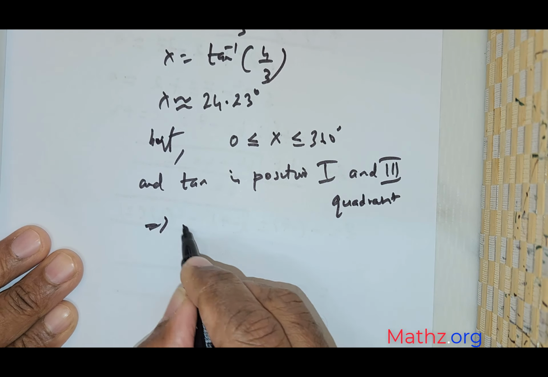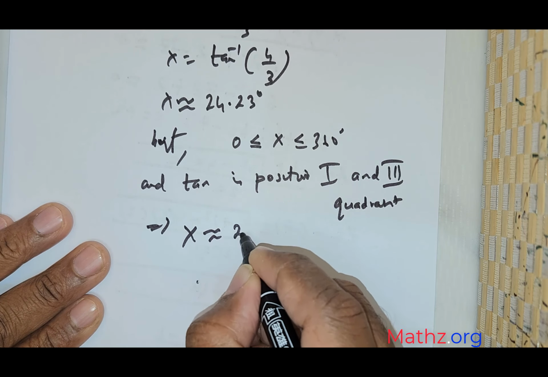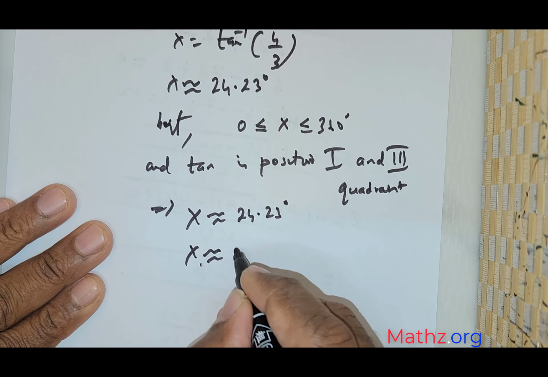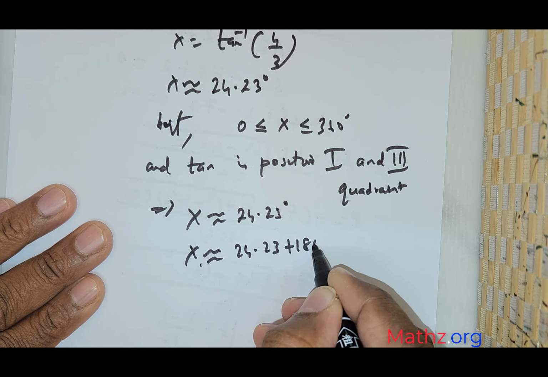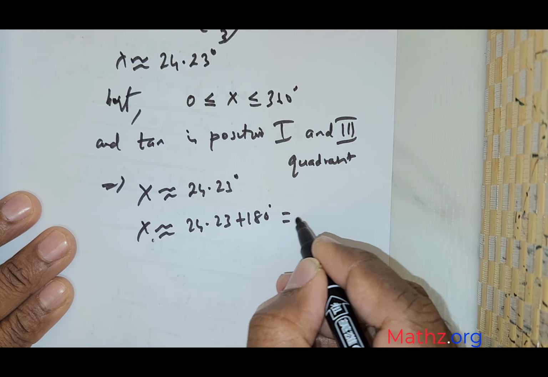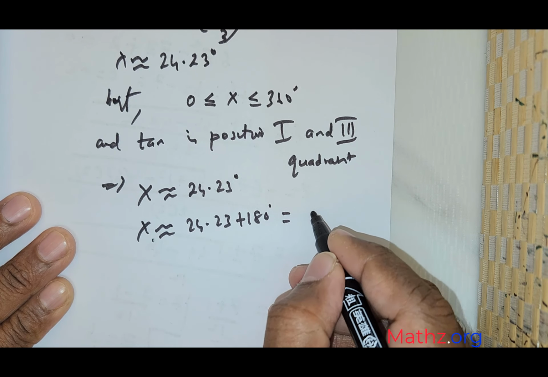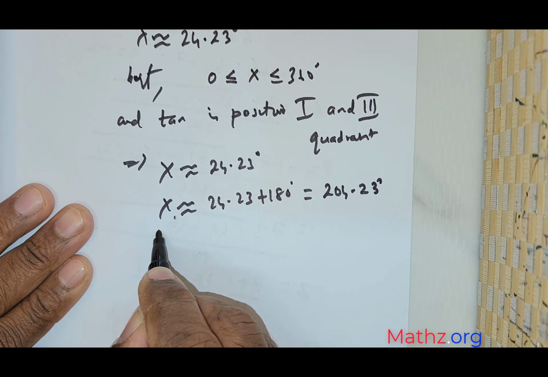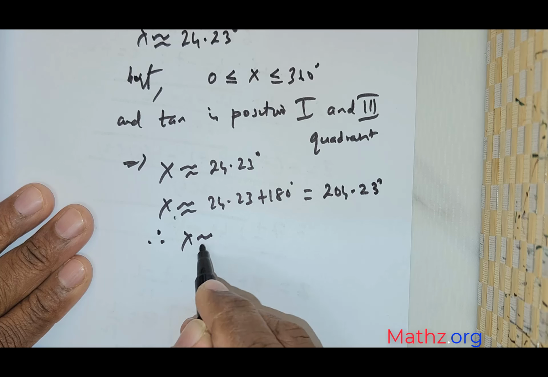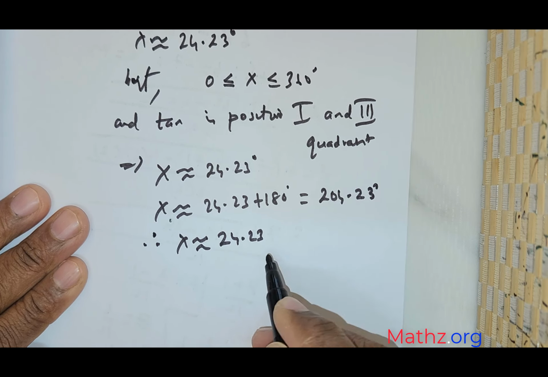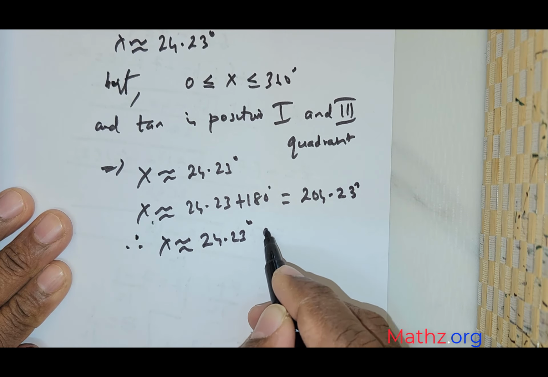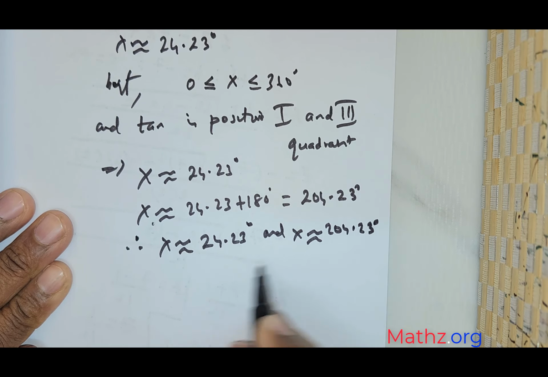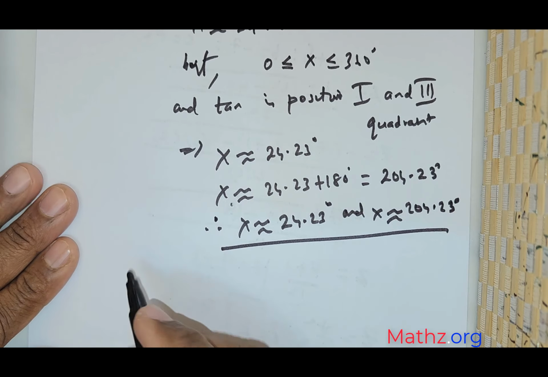So this would mean x is 24.23 is one value and then x is 24.23 plus 180 is another value, which is going to be 204.23 degrees. So you can write that down here. So therefore x is approximately 24.23 degrees and x is approximately 204.23 degrees. So this is one part.